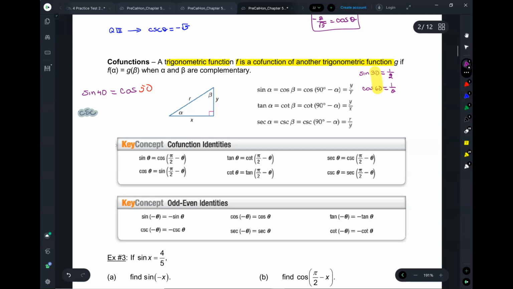If you have secant of 20, that's the same as cosecant of 70.